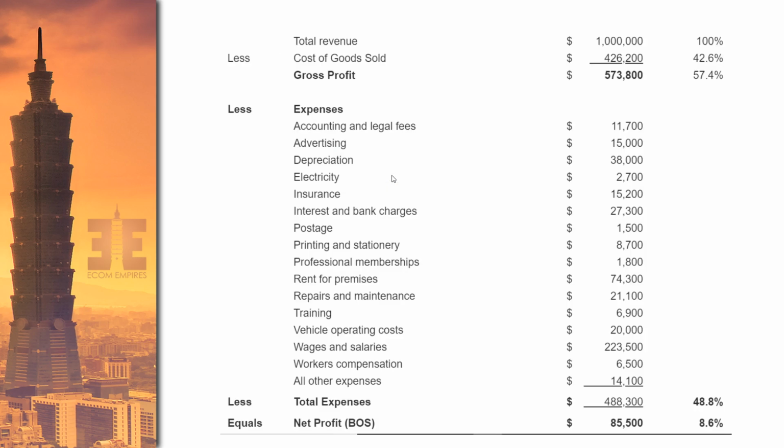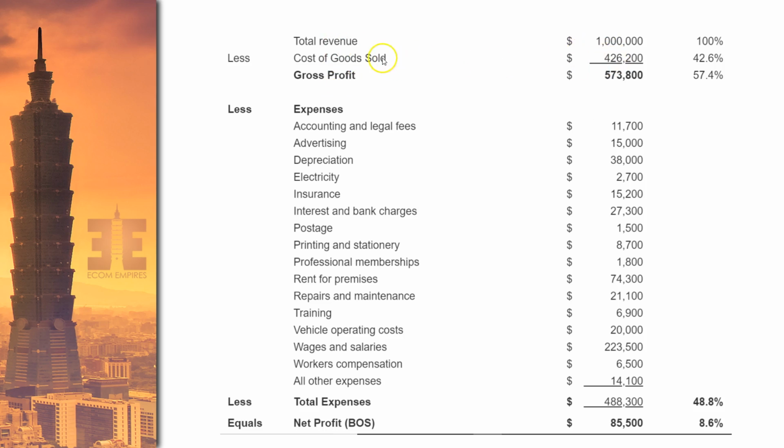And then here's a sample P&L, profit loss statement, okay? Which basically takes, again, the same concept, right? Takes your total revenue. It's just a different way of formatting it, but at the end of the day, you're getting the same numbers.